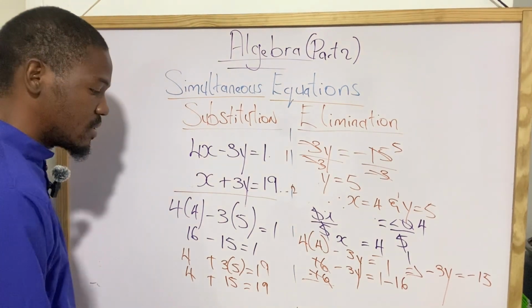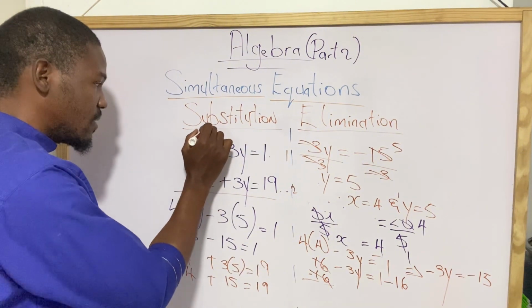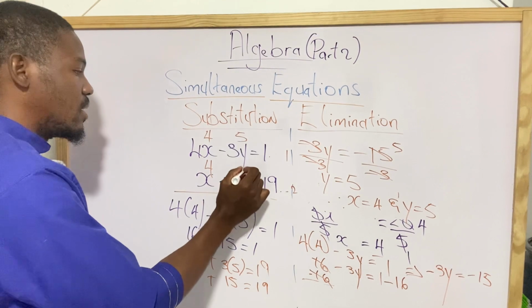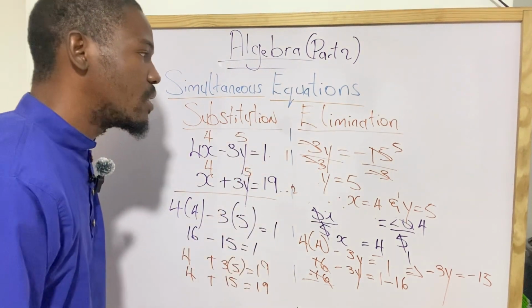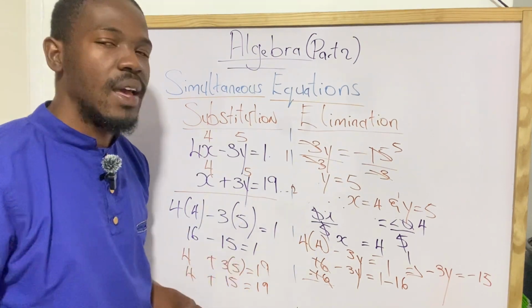So there we have it. We can see that x definitely equals 4, and y indeed equals 5. So that is how you use the substitution method and the elimination method.